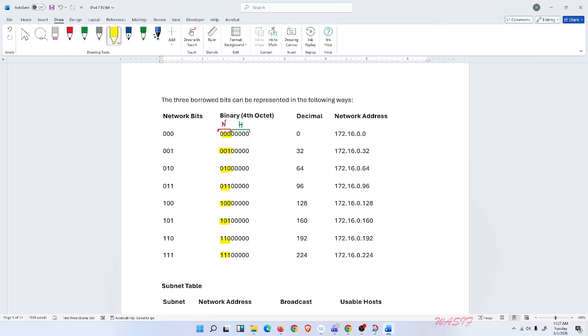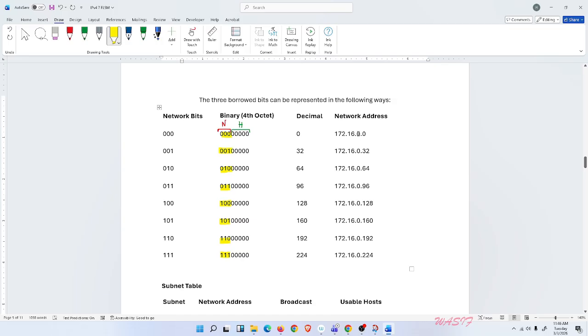We have 3 network bits and 5 host bits. You can make changes only in the host portion. There is no change in the network portion.